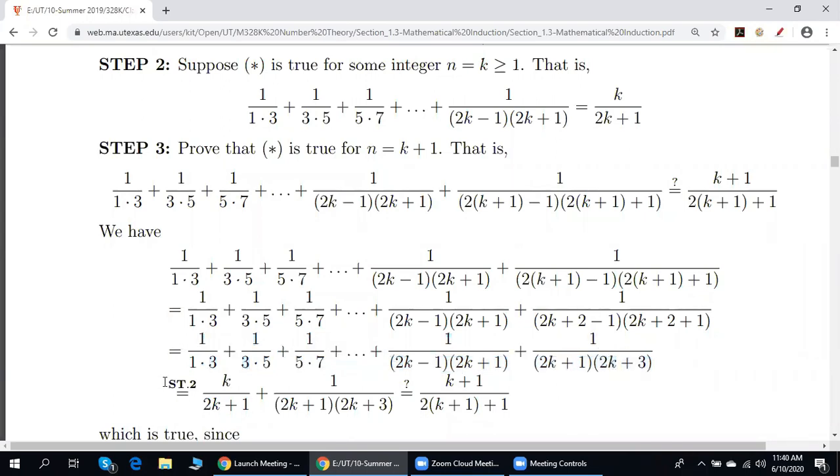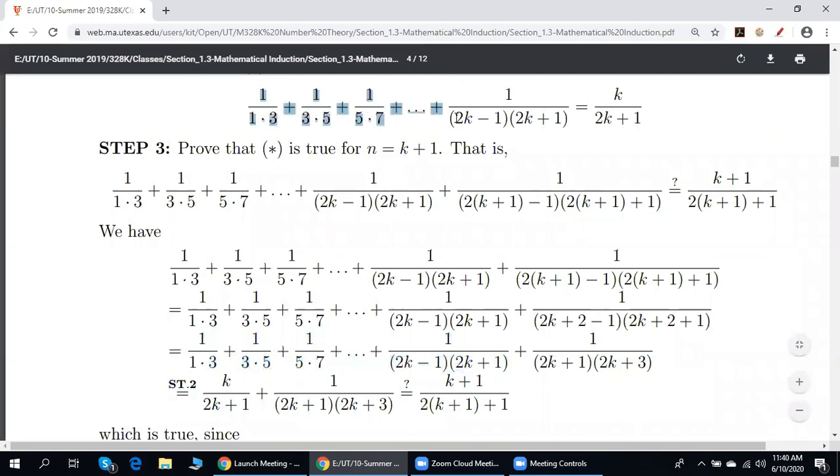Note that by step 2, the sum of these terms, which is exactly what is written here, is equal to k divided by 2k plus 1. So we replace this by k divided by 2k plus 1. We leave the last term without change. Once again, what we see in front of us here is the simplified left-hand side.